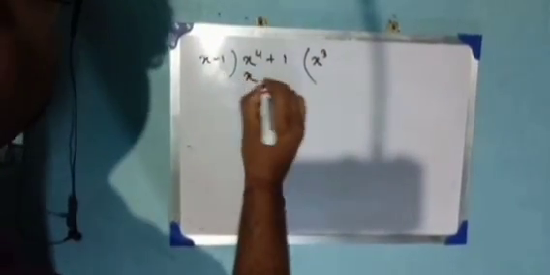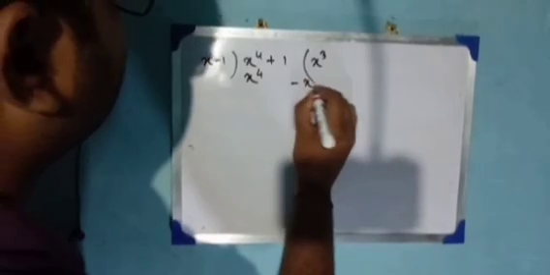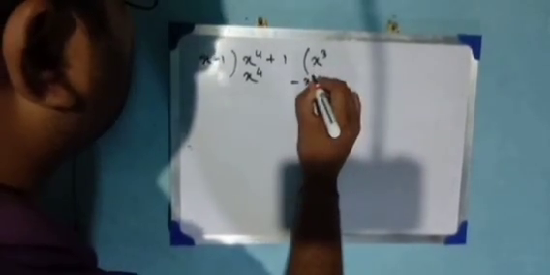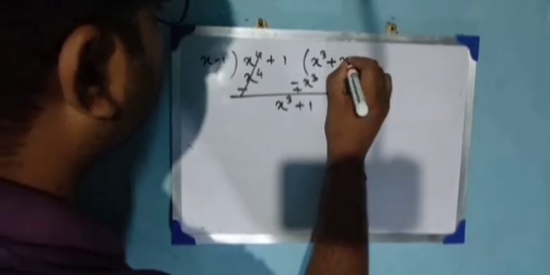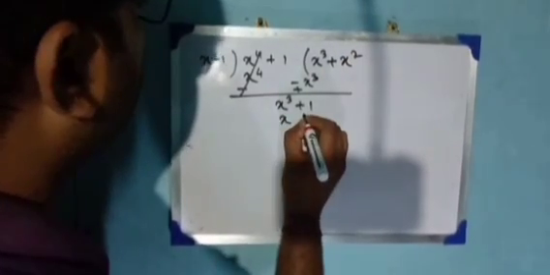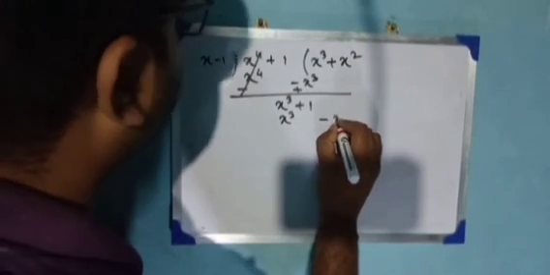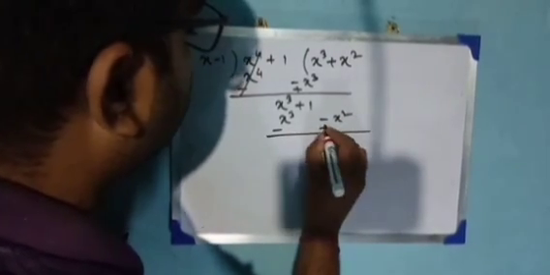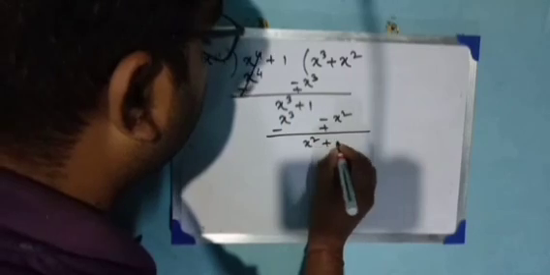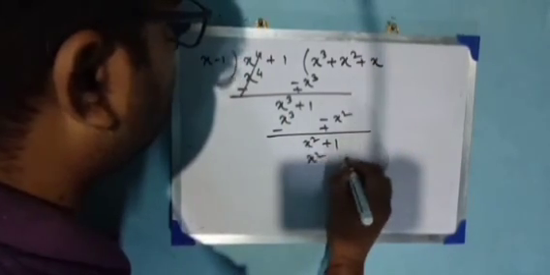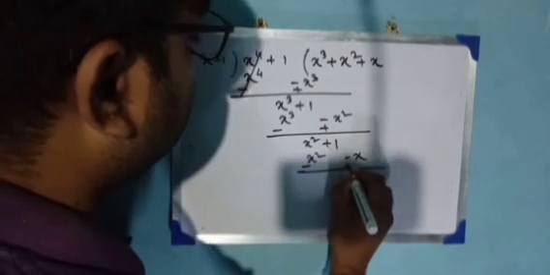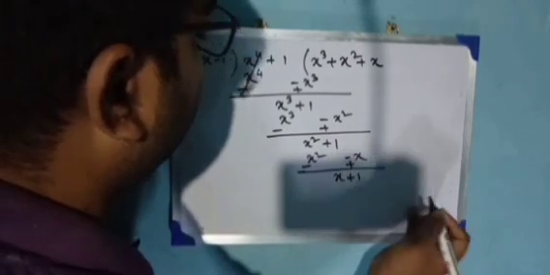That equals x to the power 4 minus x cube. I am writing minus x cube, this is minus, this is plus. So we cancel and get x cube plus 1 plus x square. That means x cube minus x square, minus plus x square plus 1 plus x, that means x square minus x, minus plus x plus 1.